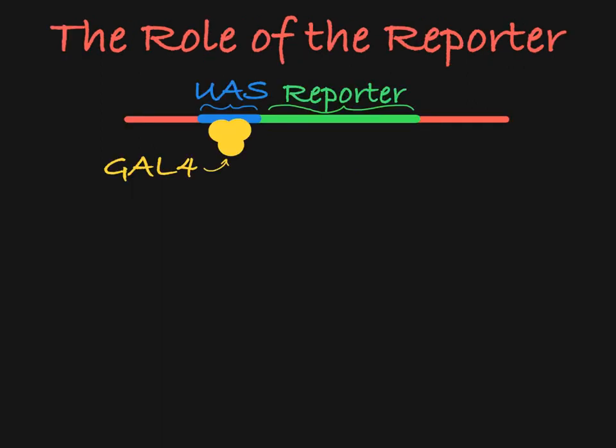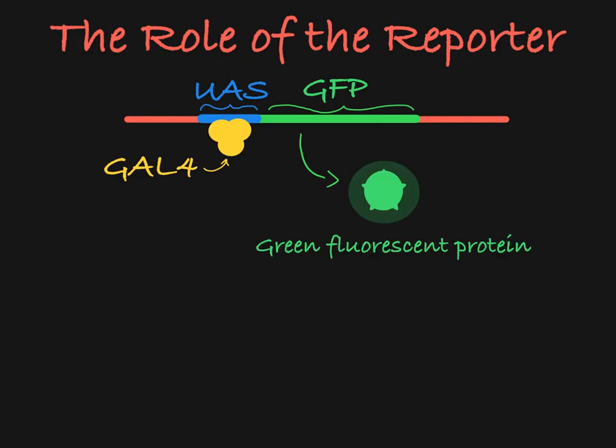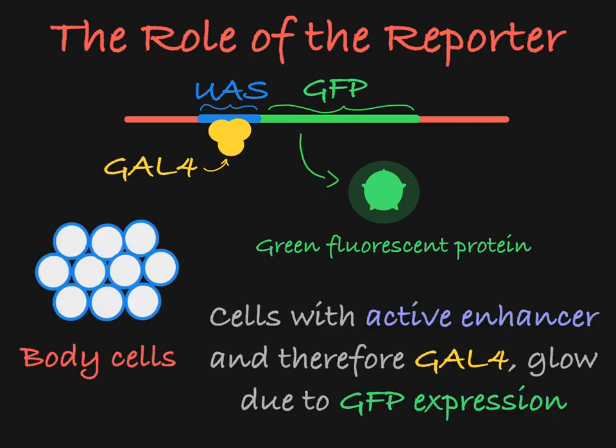So what can this reporter gene do for you? A common reporter is the gene GFP, which encodes green fluorescent protein, a protein that glows. Using a reporter line that produces a glowing protein allows a scientist to know exactly what cells are expressing GAL4.